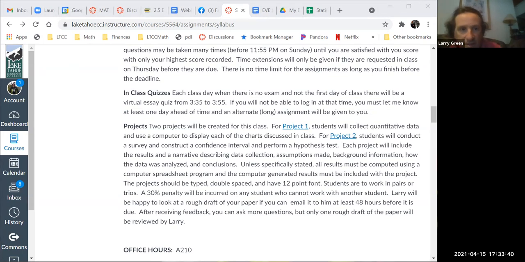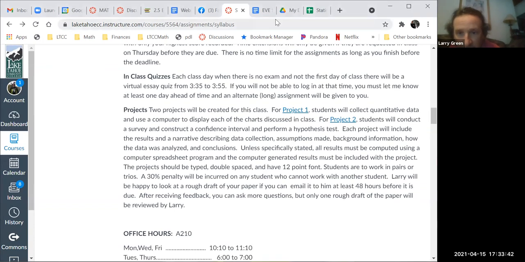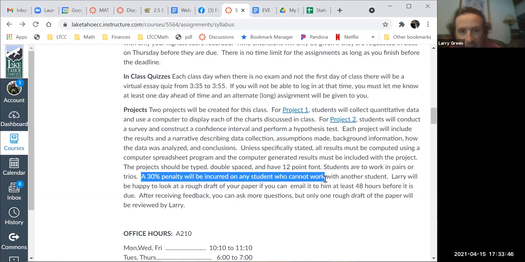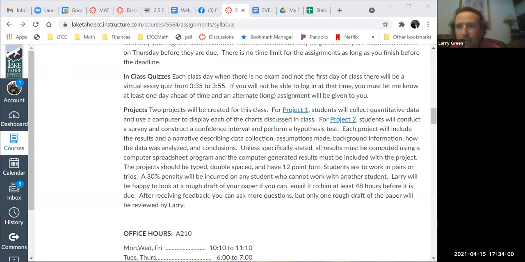So just a note, a 30% penalty will be incurred by any student who cannot work with another student. In other words, you cannot get a passing grade, basically, on this project if you work alone. So partnership is required. Any questions at all?